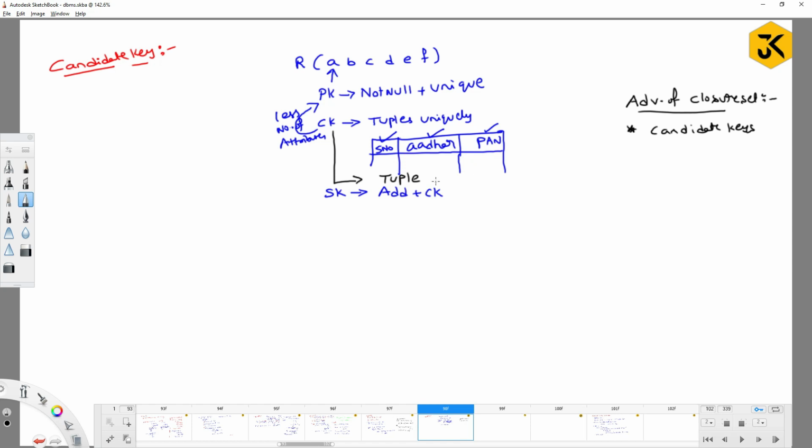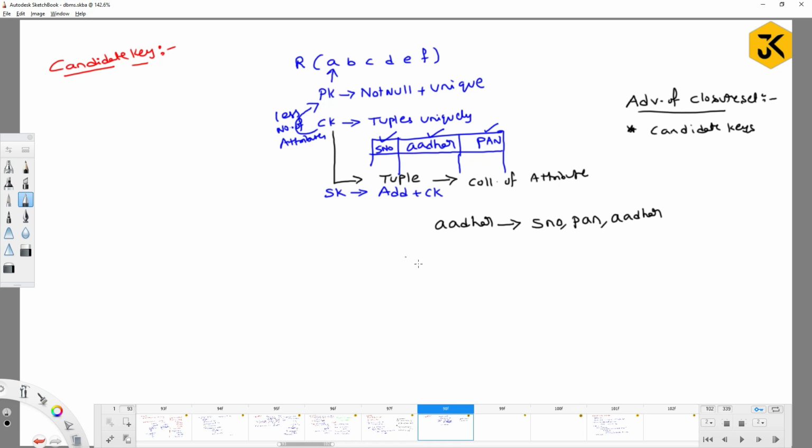Right? If you observe, a tuple is a collection of attributes. So if I am saying that there is an attribute called Aadhaar which is a candidate key, it means that indirectly it can determine serial number, it can determine PAN and it can determine itself, right?